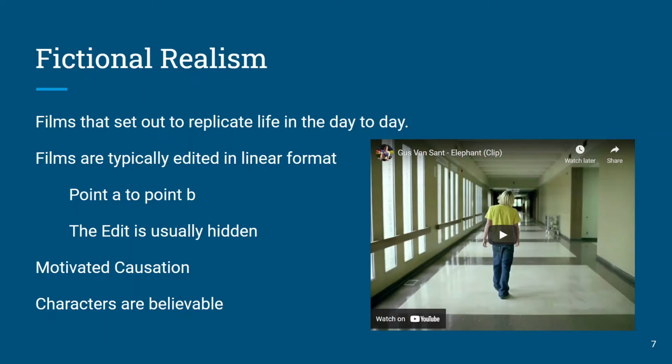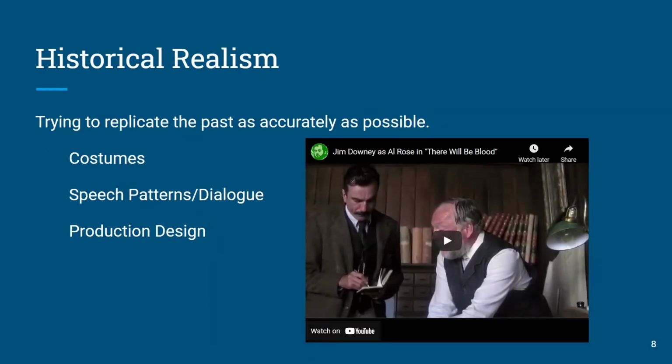So a very realistic approach to filmmaking, very linear stories, point A to point B, not flashbacks and things like that. There's motivated causation, meaning this happens, then this happens, then this happens. So a cause has an effect, then a reaction, and so on and so forth. And the characters are believable.